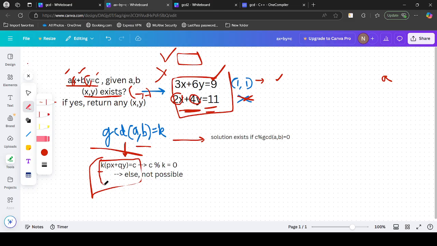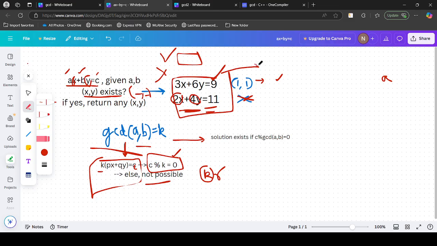So we are sure that we have a multiple k here. So we have a solution only if c mod k is equal to 0, because we have k here. To exist a solution, c also can be written as k into some other number r. So the solution exists only if c mod k is equal to 0, else it is not possible.